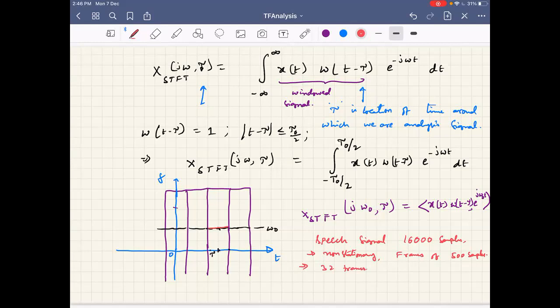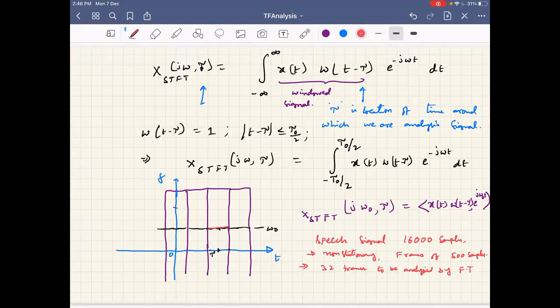It means I will be analyzing 32 windowed segments of the big original signal, each by Fourier transform.